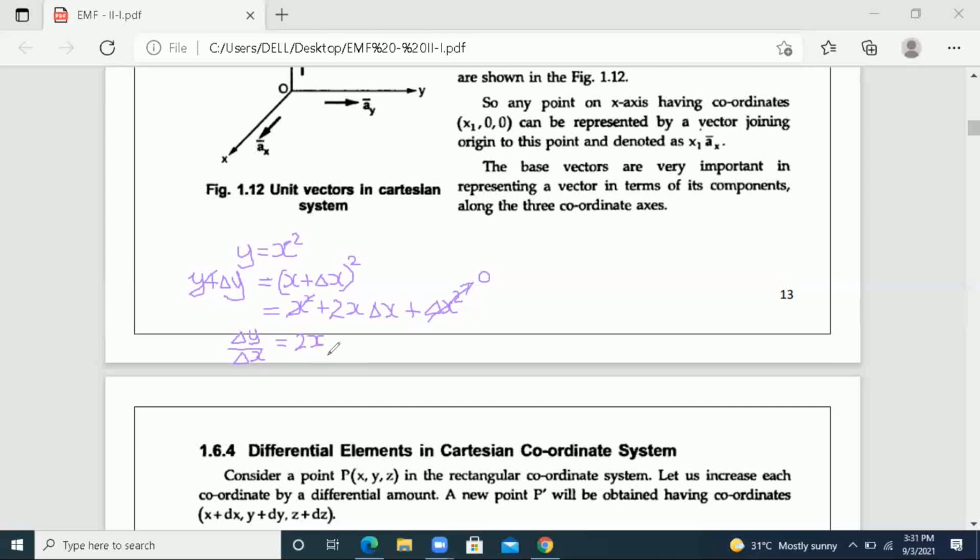So the gradient at any point on that graph with y equals x squared is 2x.